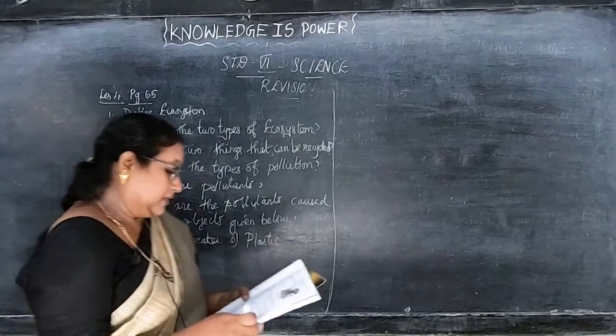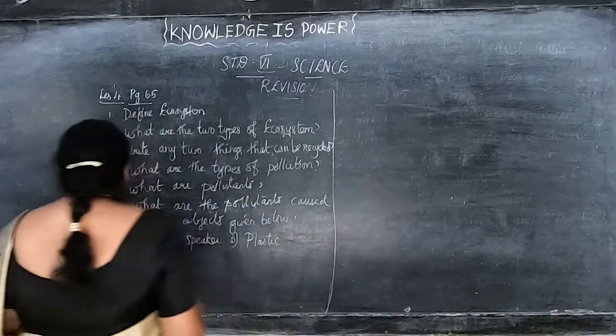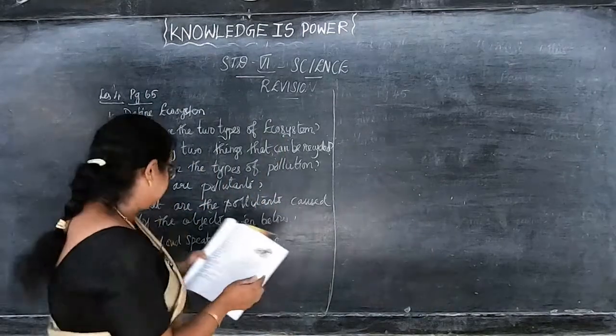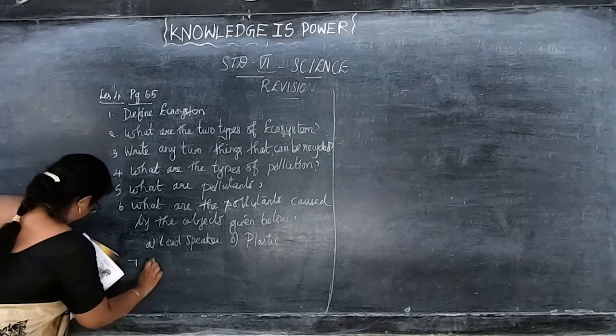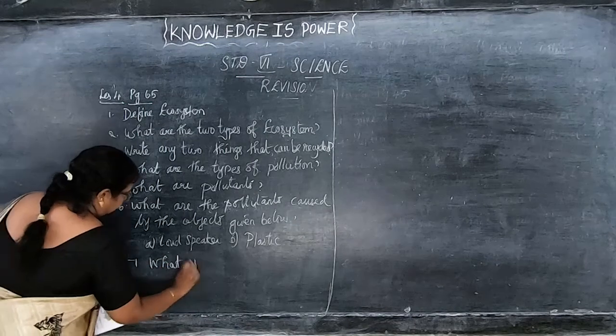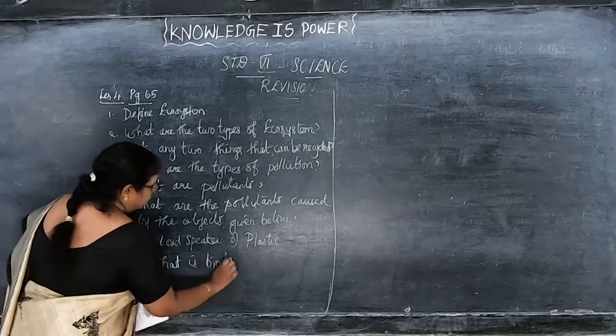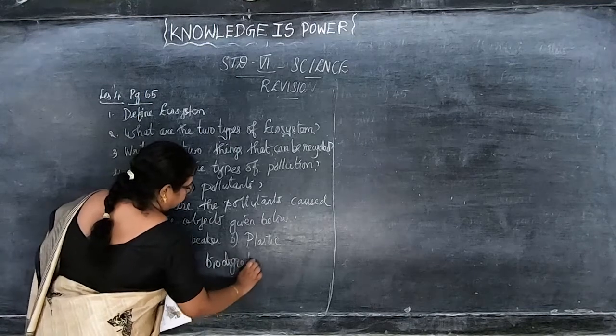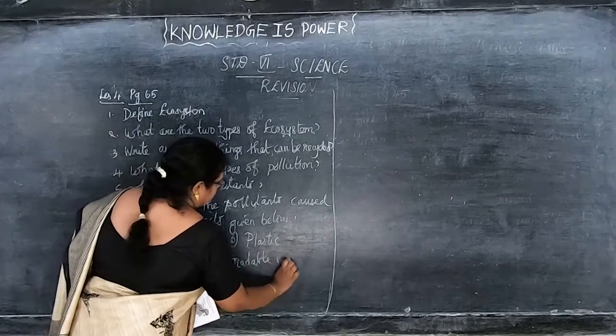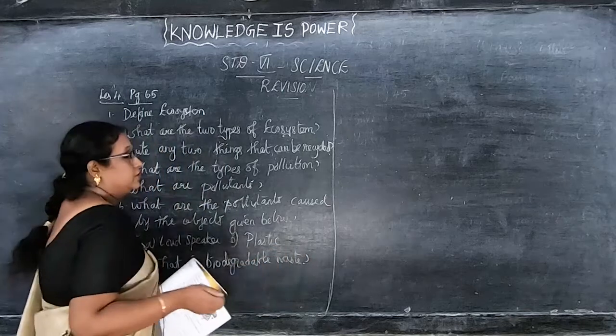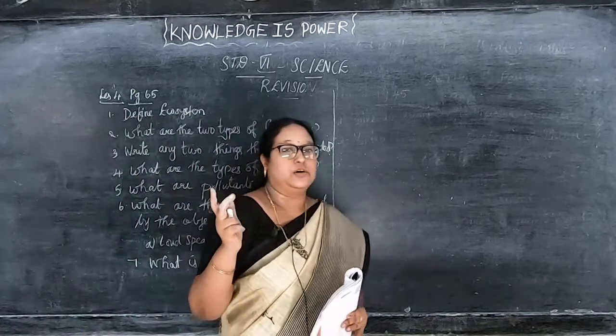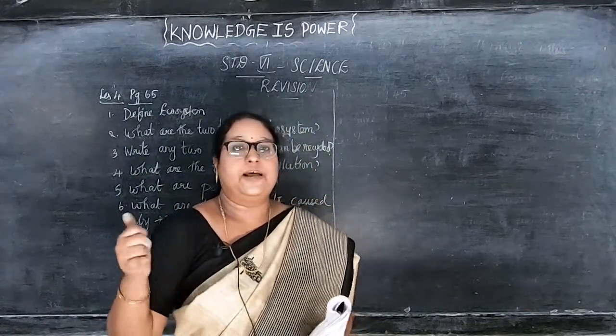Okay children? Then next is Roman number 7, give short answers in that. What is biodegradable waste? I already told you children, you'll get questions from this, answer in brief and detail.